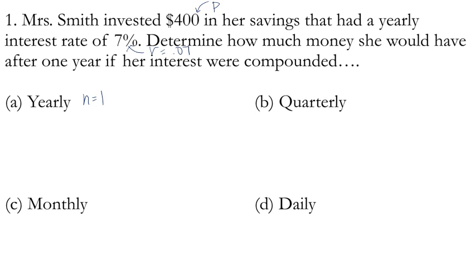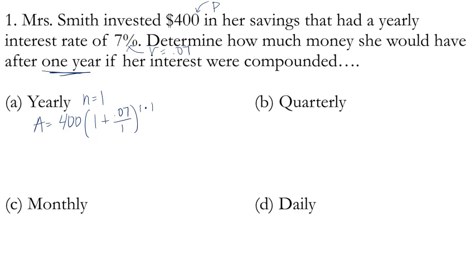So I'm just going to plug these values into our equation. I'd have A is equal to 400 times 1 plus R divided by N, 0.07 divided by 1, raised to the N times T, 1 times 1, because we have 1 year.